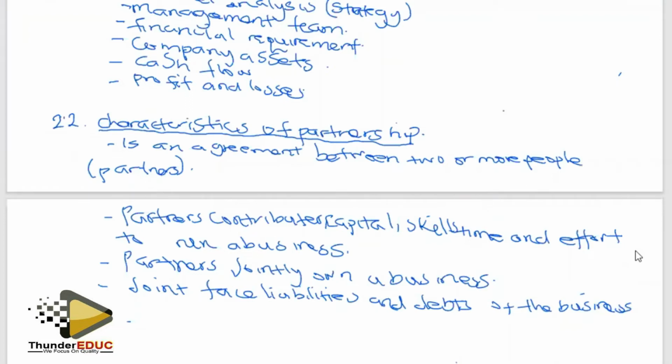Is that very important? So when there is any aspect of a loss or a debt, every partner is liable to such a risk. Profits and losses are shared by the partners.